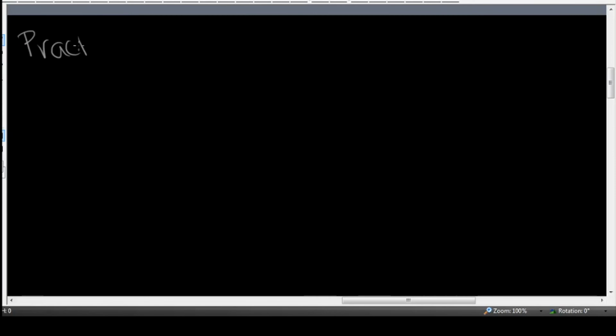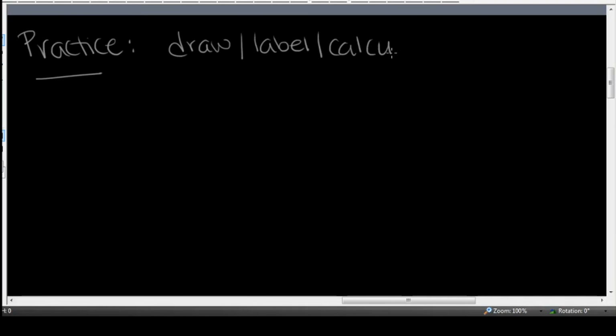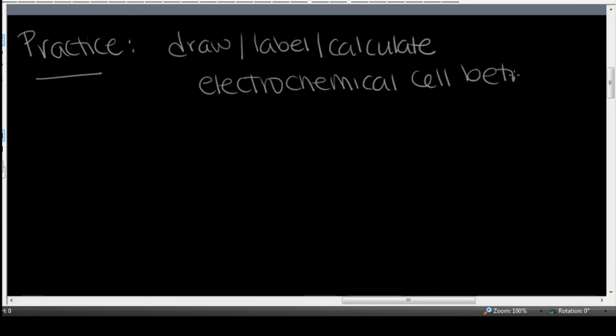I would like you guys to draw, label, calculate, all of the things that we just did before for an electrochemical cell between, what did I say? Iron, an iron electrode in iron solution, and aluminum, an aluminum electrode.